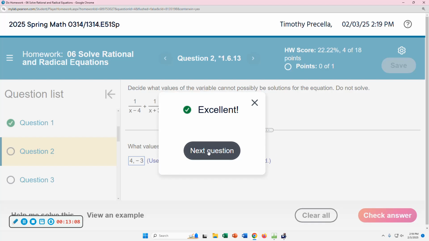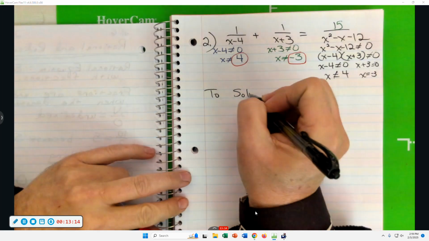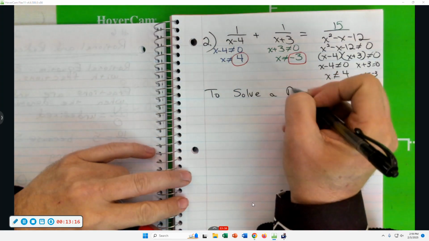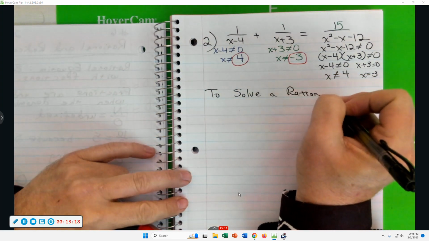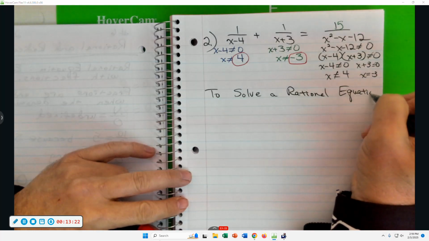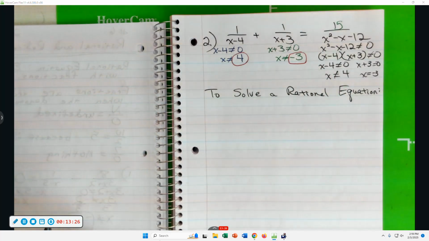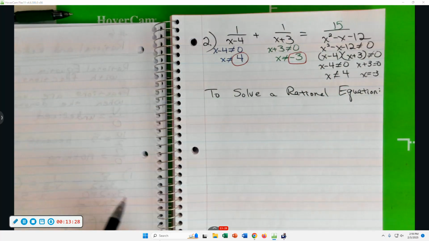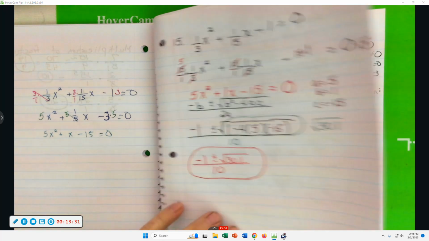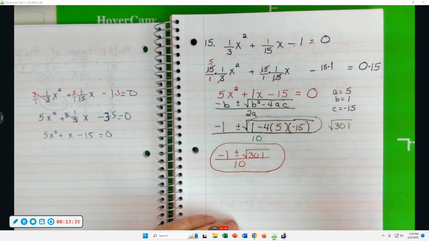Well, it's time to start solving these equations. So to solve a rational equation, we're going to do what we did with that equation back in the previous assignment. We're going to multiply through by whatever it takes to cancel out the denominators.